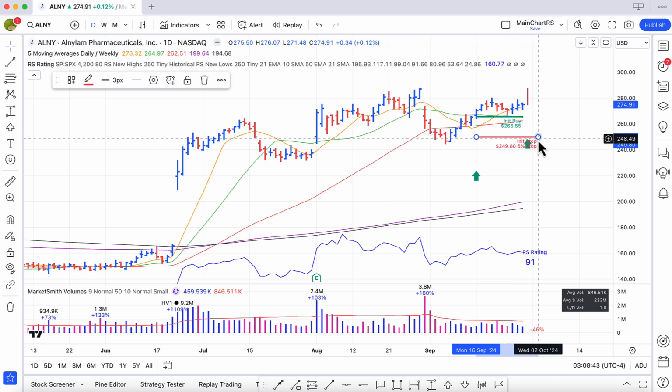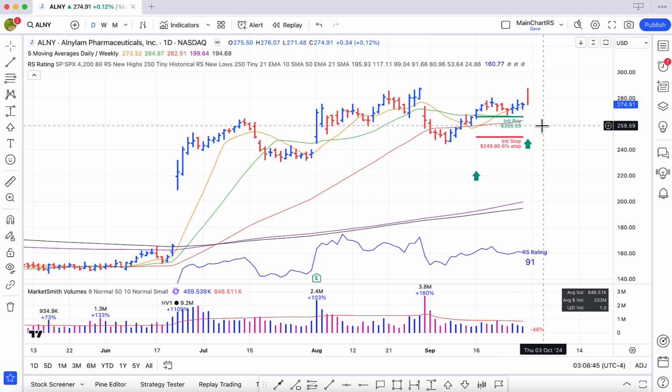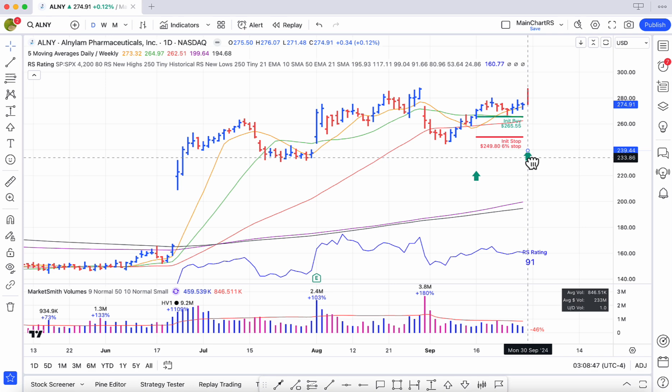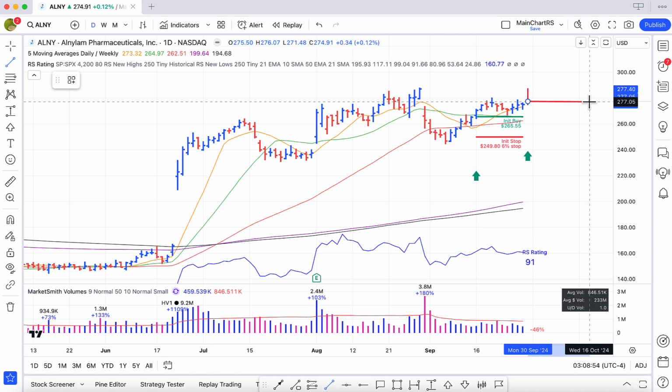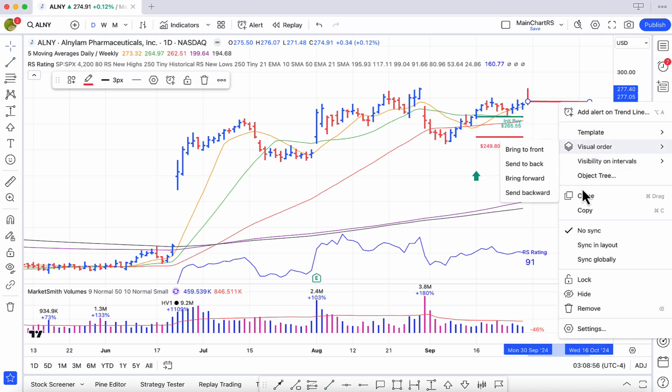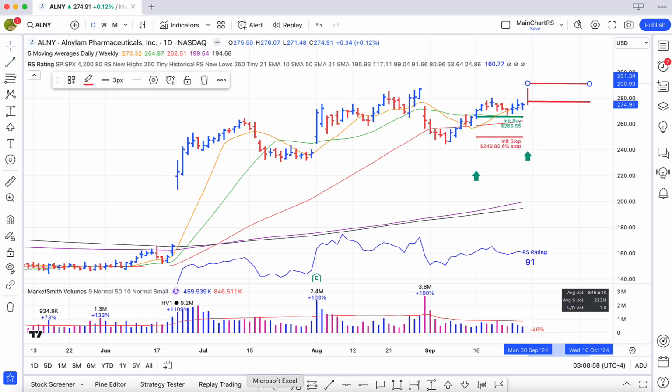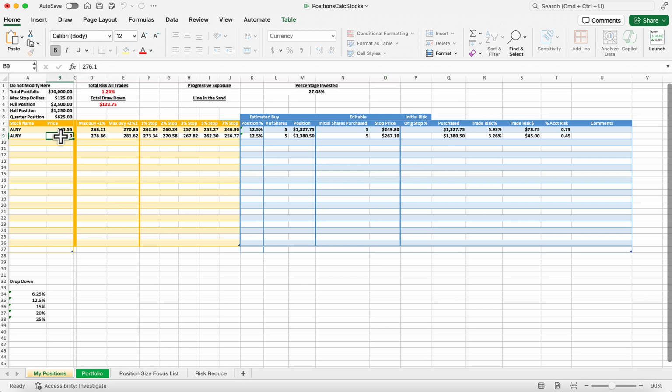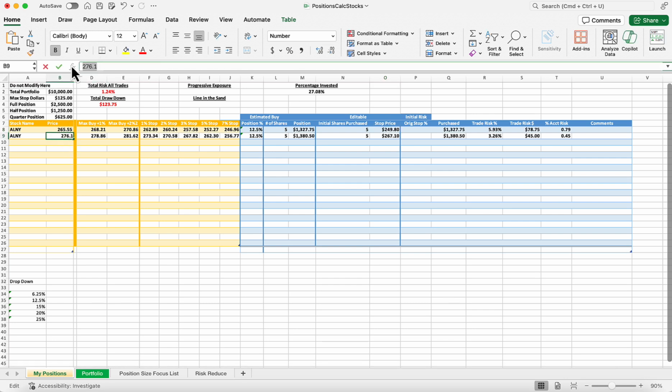And I'll do the same for this day. So let's say I'll just draw 2 lines, and I'll put in my hypothetical buys. So 276.10.